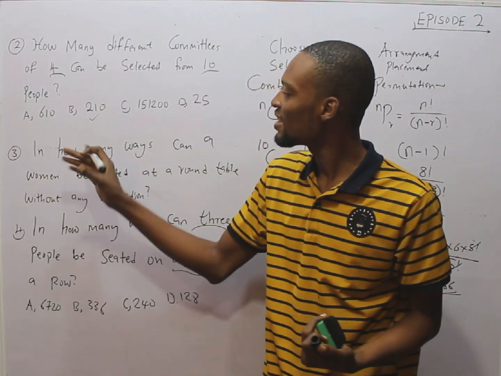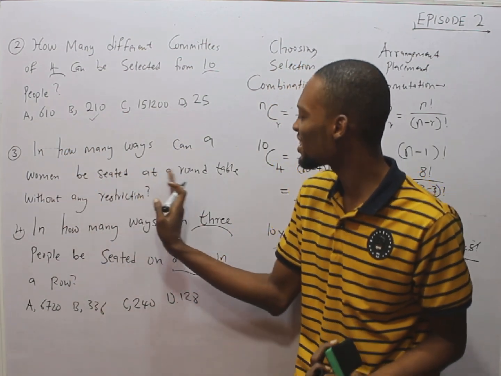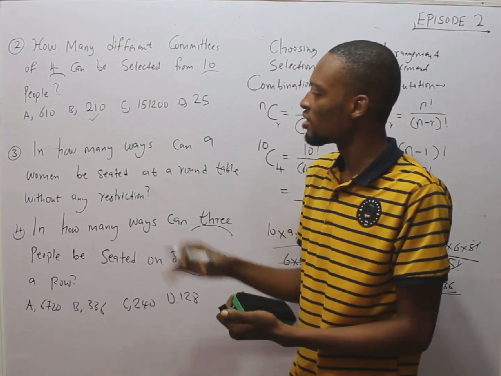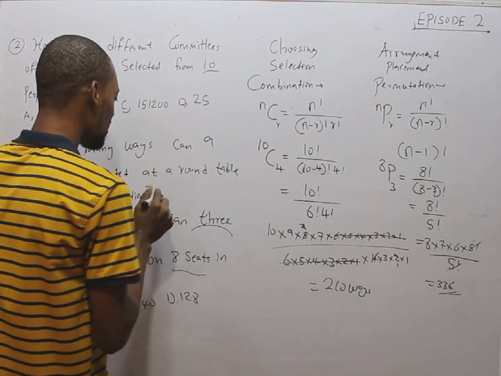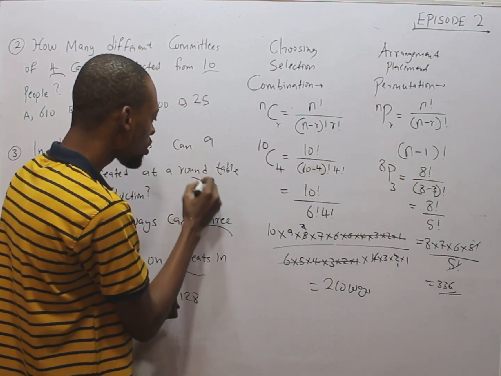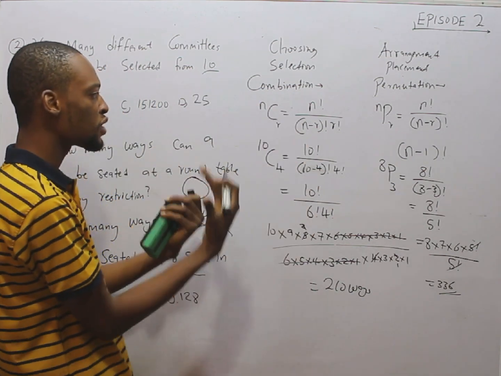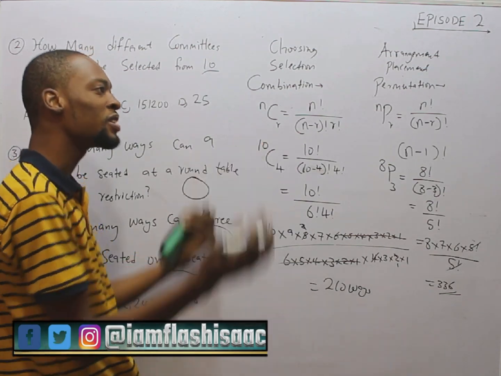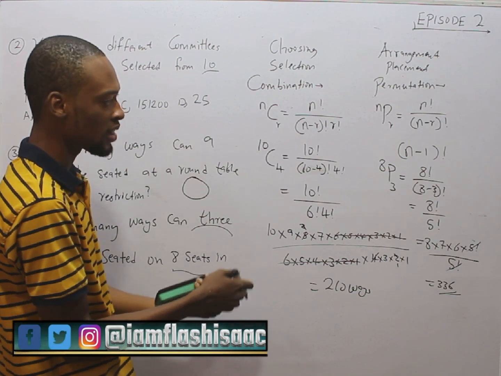Then this one says, in how many ways can 9 women be seated at a round table without any restriction? Now, this is under permutation, arrangement, right? But they are seated at a round table without any restriction. So it is round, and a round table has fixed end. So for circular permutation, where one of the ends is fixed, or for permutation in a ring, in a circle, we simply have n minus 1 factorial.